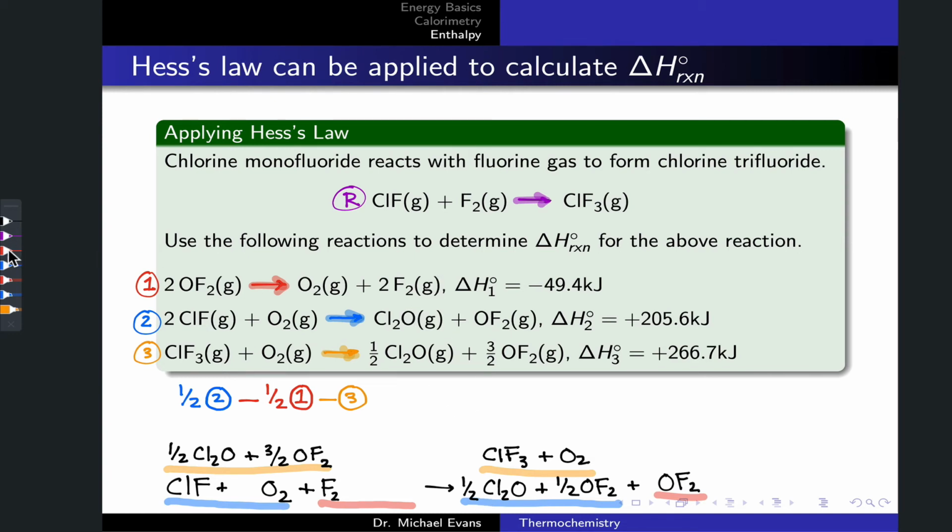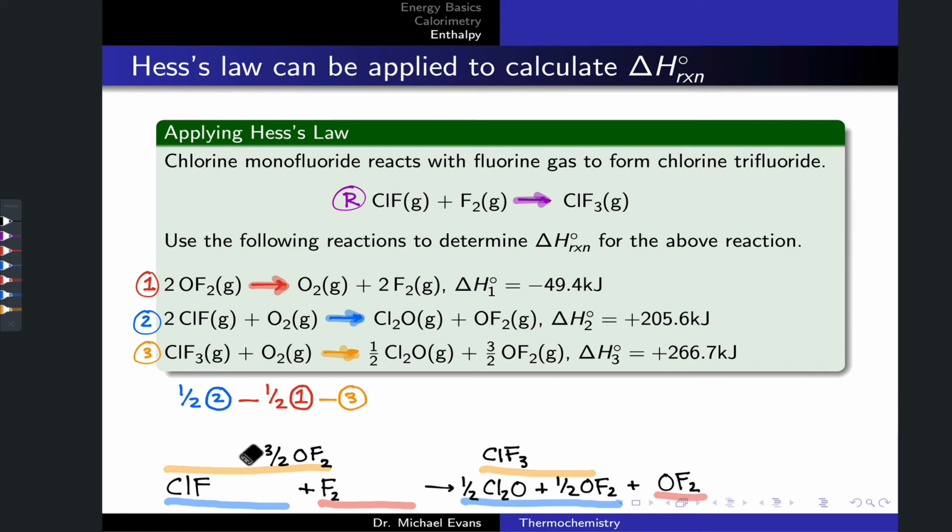So first of all, the first thing we can notice is that we have a mole of oxygen on the left-hand side and a mole of oxygen on the right-hand side. Those subtract out. That's O2 doing nothing. So let's remove O2 from both sides of the equation. We can do that since that O2 did nothing, and we can then proceed. We've got 1/2 a mole of Cl2O on the right-hand side and 1/2 a mole of Cl2O on the left-hand side.